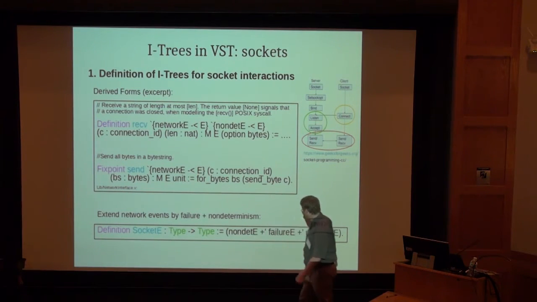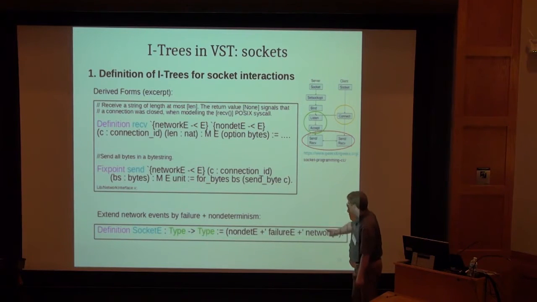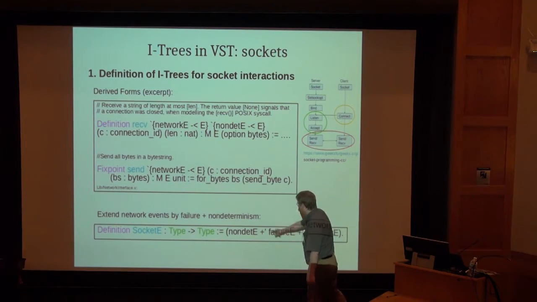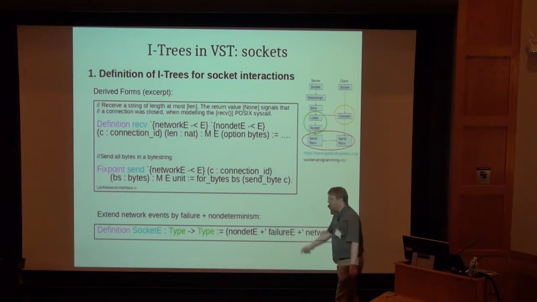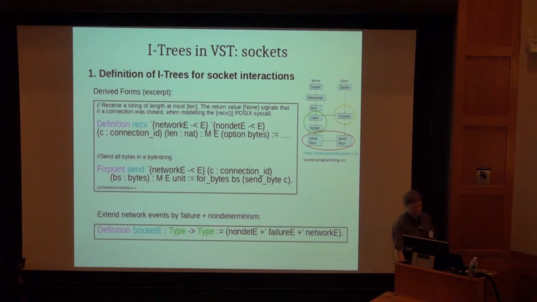They exactly allow us either to do network events or support non-determinism and a notion of failure. So that's currently the way that we build these features into the interaction trees, and it might be interesting to see whether that matches up somehow with how failures in the network are then modeled in systems like Verdi.